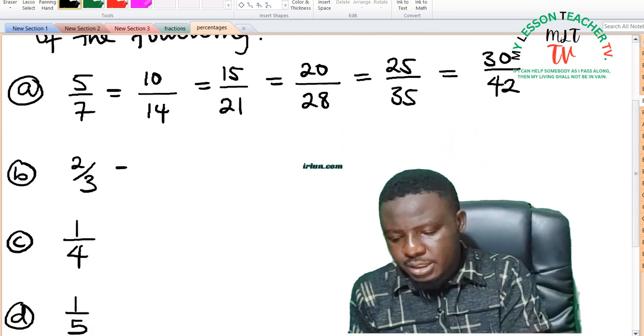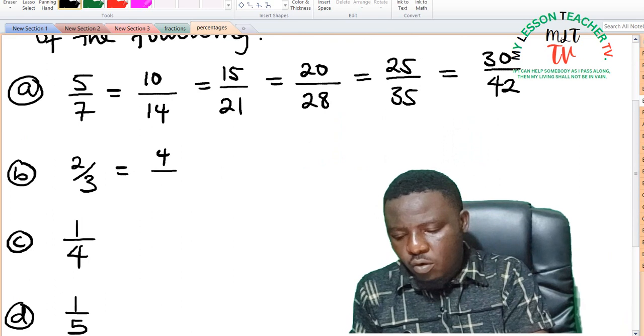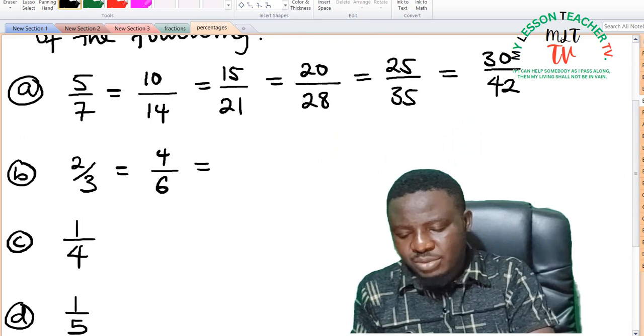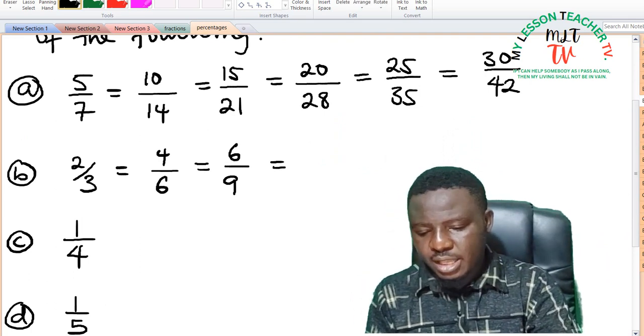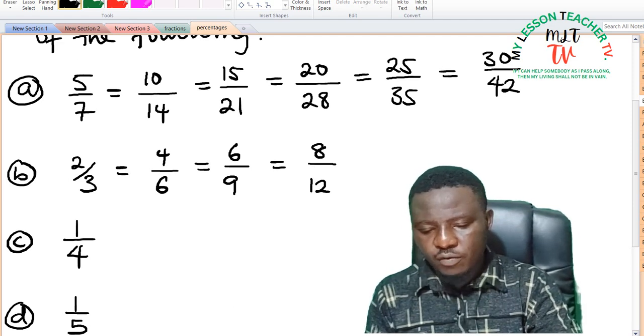B, this is equal to 2 times 2 is 4, 2 times 3 is 6, so 6 over 9. Times 2 times 4 gives us 8 divided by 12.